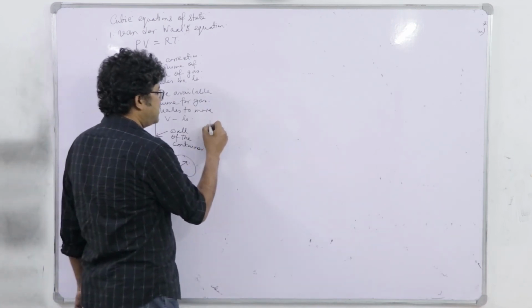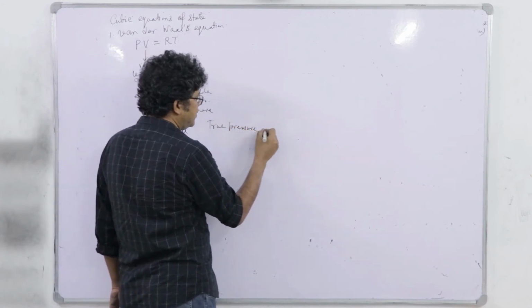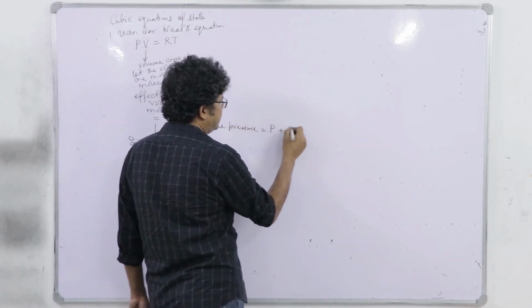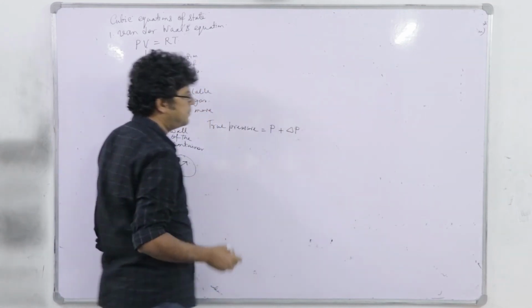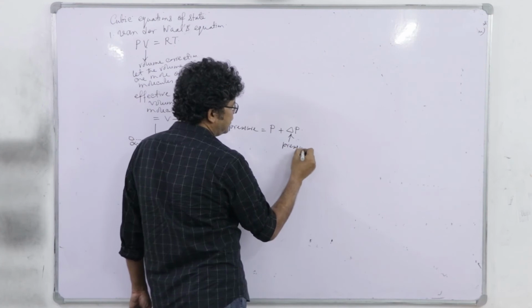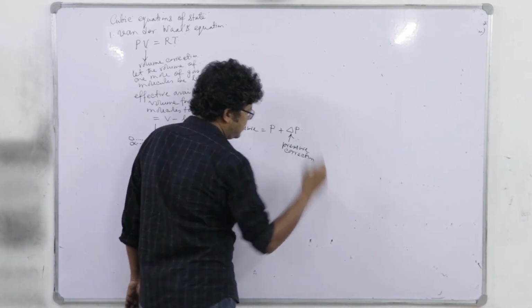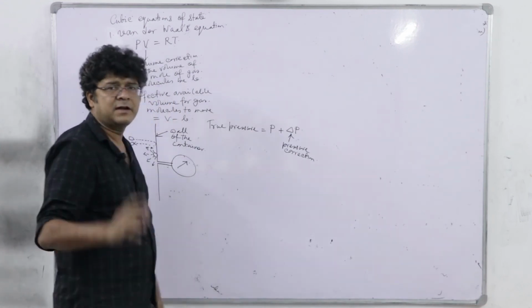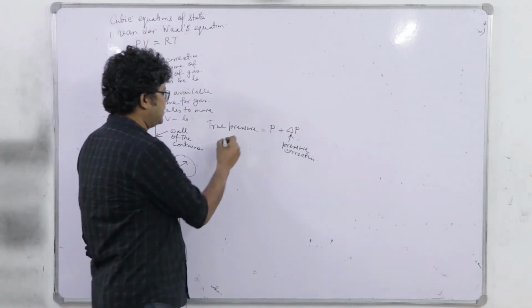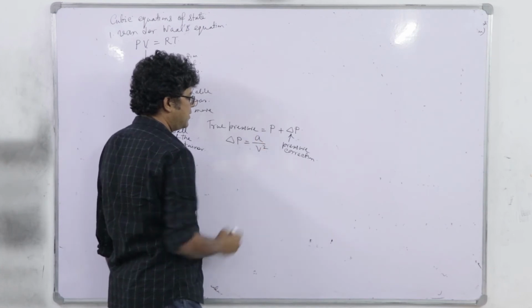So, true pressure is equal to the observed pressure plus a pressure correction term. And van der Waals introduced this pressure correction term to be A divided by V square.